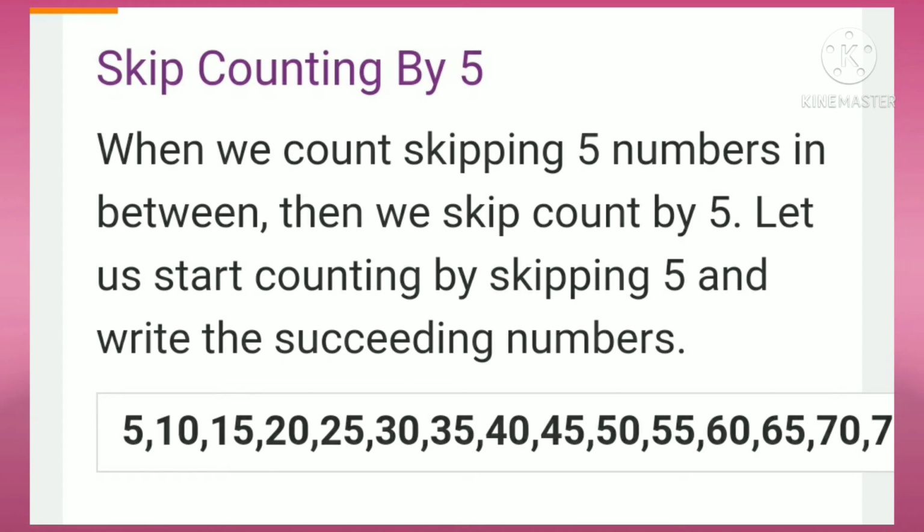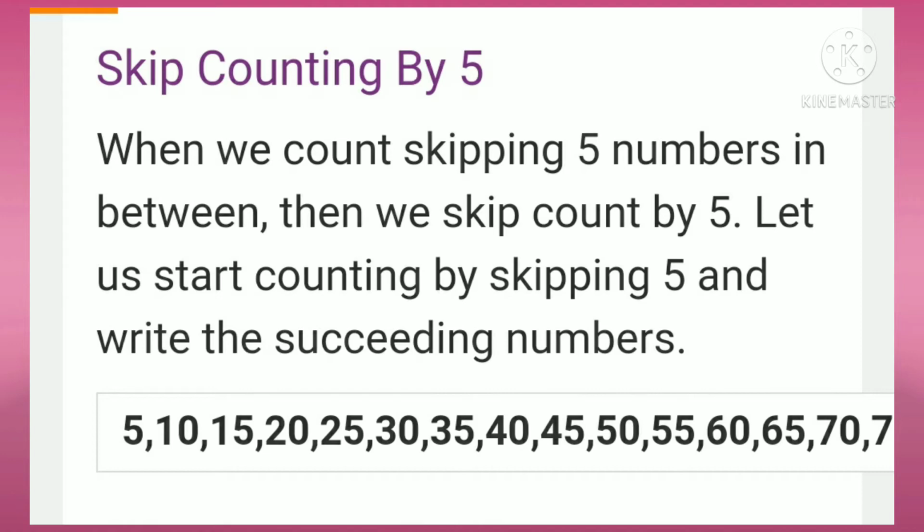Now we will do the skip counting by 5. That means we are going to add 5 to the previous number, or we can say that it is the table of 5.